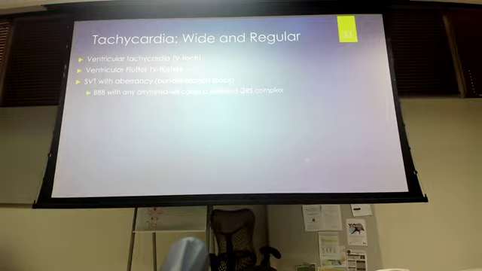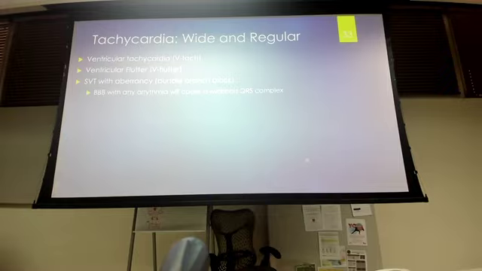Wide and regular, we have VTAC, we have V flutter, and anything that has what we call aberrancy. Aberrancy means a block, a bundle branch block. We will talk specifically about bundle branch block, but anytime you have any rhythm and you have a bundle branch block, you're going to have a wide QRS.